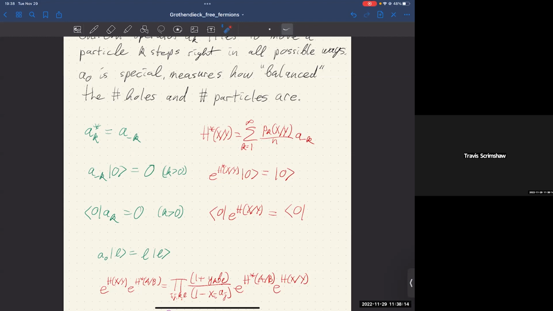And so the A_{-k} acts on the vacuum vector by 0 because it's trying to move stuff to the left, and it can't do that. And therefore the e^{H*}, well, it's just a bunch of negative current operators. They all act by 0 except for the unit that comes from the exponential. And so it acts as an eigenvector with eigenvalue 1.